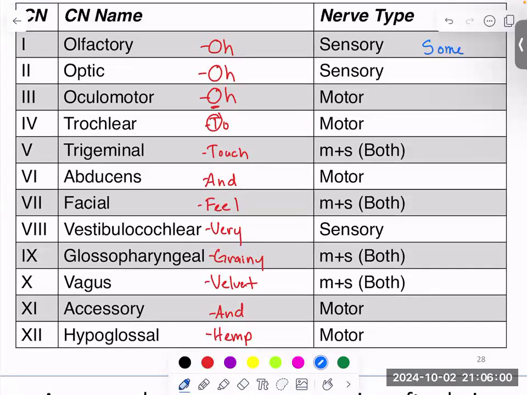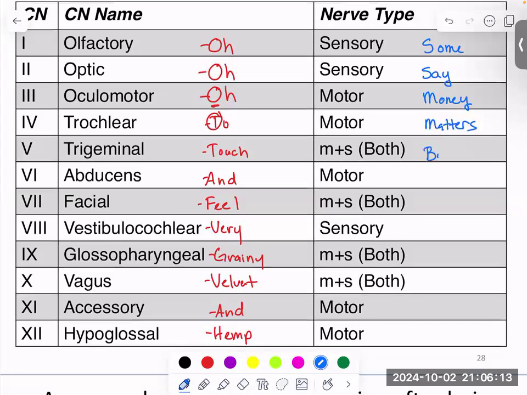Sensory, motor, both, motor, both, sensory, both, motor. Some say money matters, but my brother says big brains matter more.